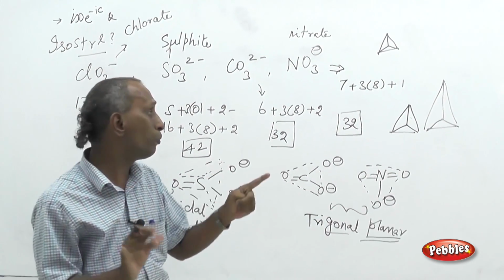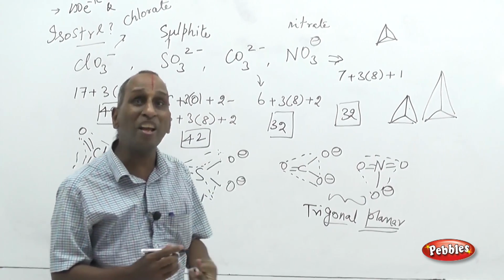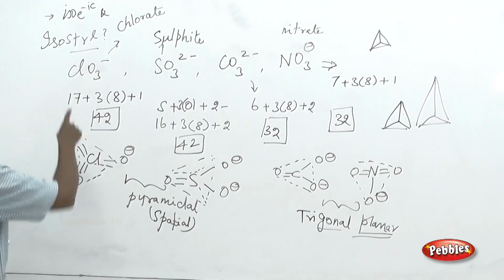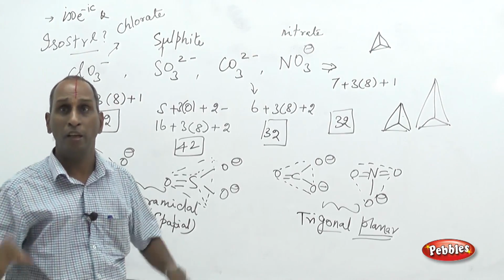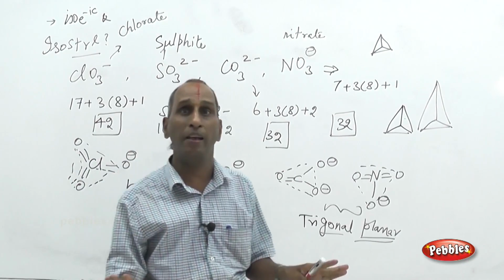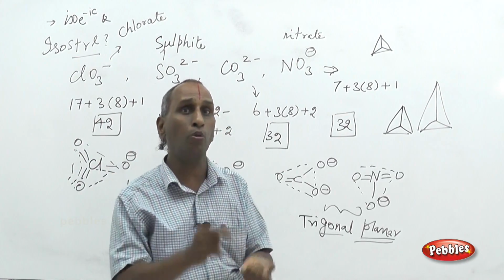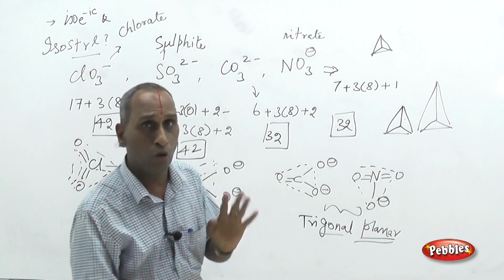But the question is to be noted. The last two, carbonates and nitrates, are planar species, whereas chlorates and sulfites are non-planar species. Essentially all of them form the vertices of a triangle. So how the different triangles are oriented, whether they are planar or non-planar, is to be noted.